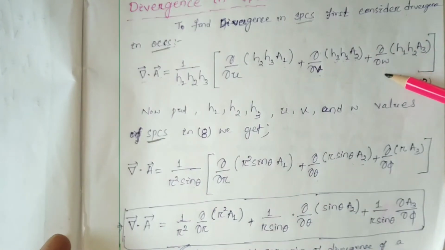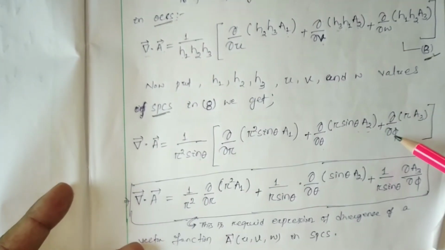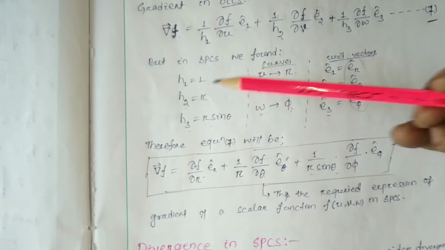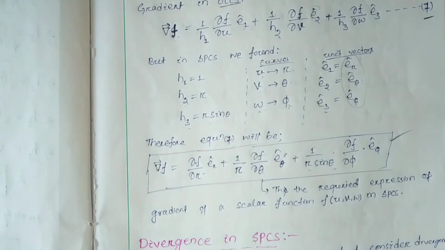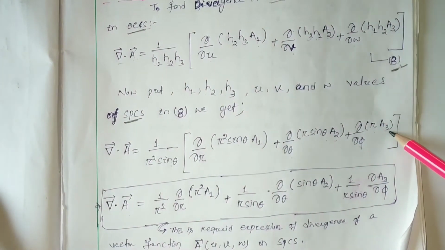And here del by del w means phi, del by del phi, and h1 h2 is 1 times r, it will be r only, so del by del phi of r a3.